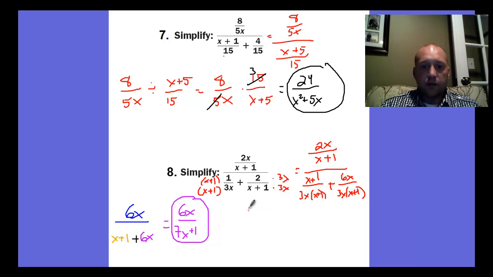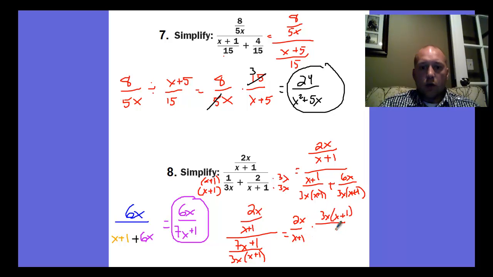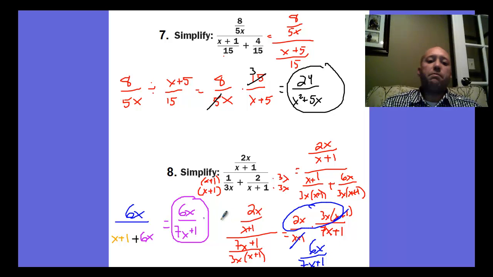So now I could actually add, the denominator becomes 7x plus 1 all over 3x times x plus 1. Then I need to rearrange that by multiplying by the reciprocal over 7x plus 1. Then I look to reduce out, and the x plus 1's reduce out. So I multiply the 2x and the 3x, I get 6x all over 7x plus 1. Same answer. And so it doesn't matter which method.